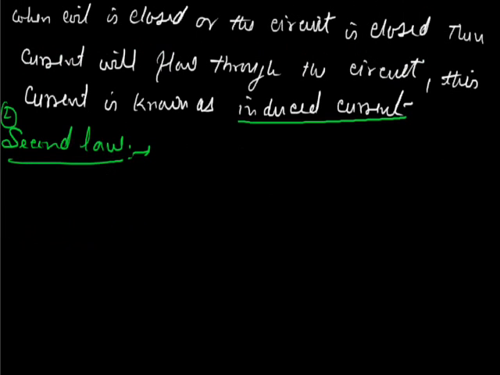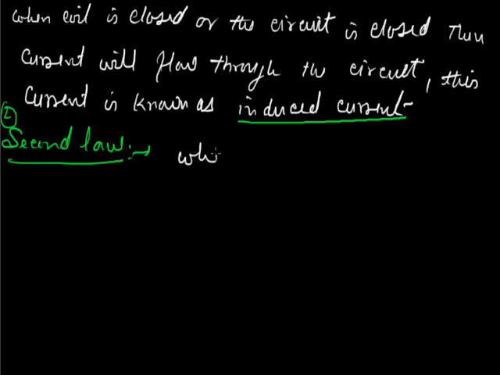First law gives the definition of induced EMF, simply that when there is a change in the magnetic flux, then EMF is induced. The second law shows how much EMF is induced during electromagnetic induction.